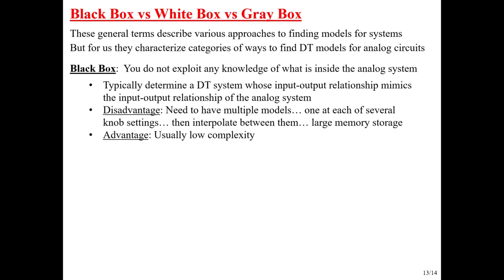So first, let's talk about the black box viewpoint. We treat the guitar amp, say, or a tube screamer box as just a box, and we don't know what's inside it. Even if we do know to some degree, we're going to ignore that in our attempts to find the models. And we're simply going to try to analyze the input and output relationships.